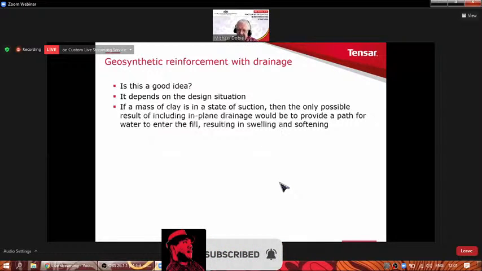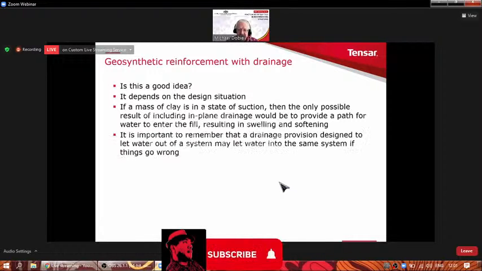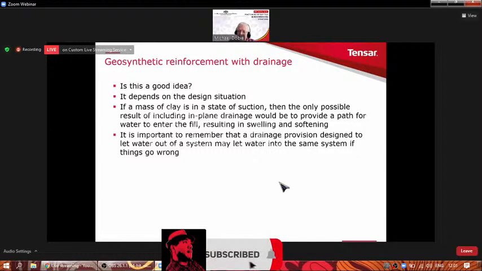And if it did that, this could cause swelling and softening. And it's just a thing I often like to ask people to think about, to remember that when you create a drainage provision or detail designed to let water out of a system, then if things go wrong, it could let water go into the system, which you don't want to happen.